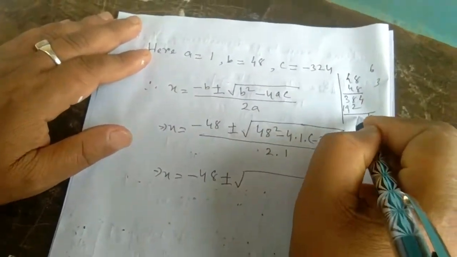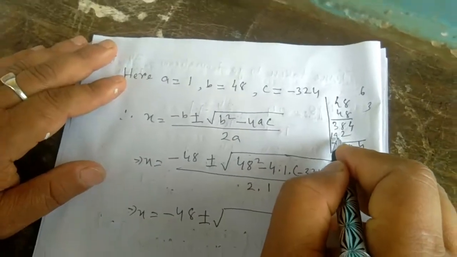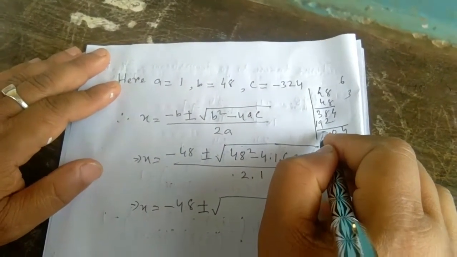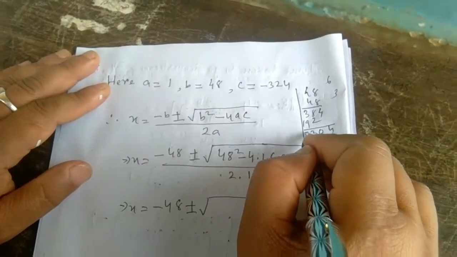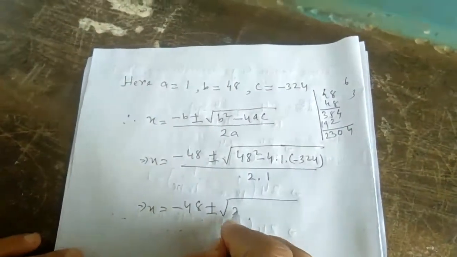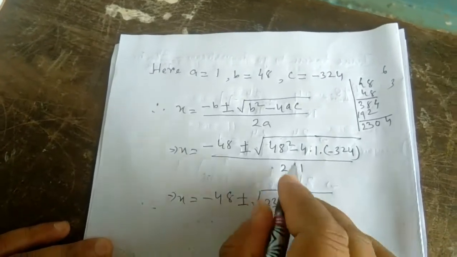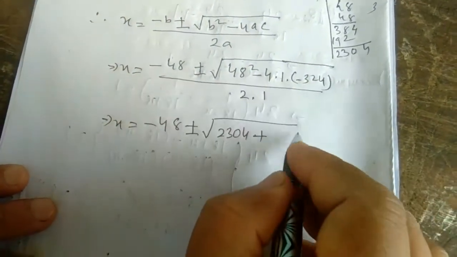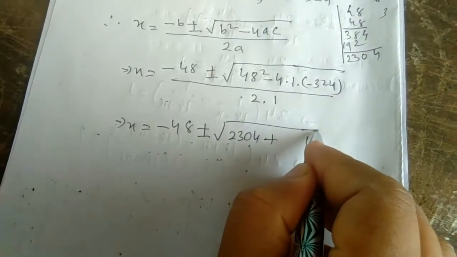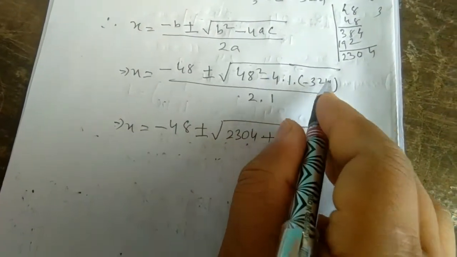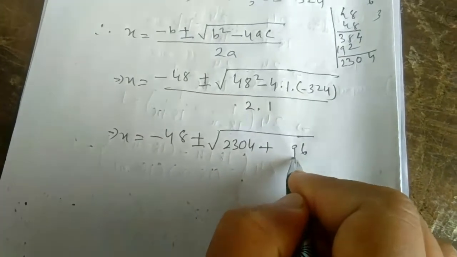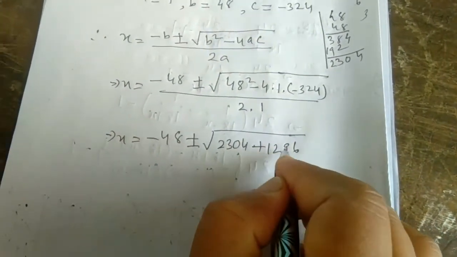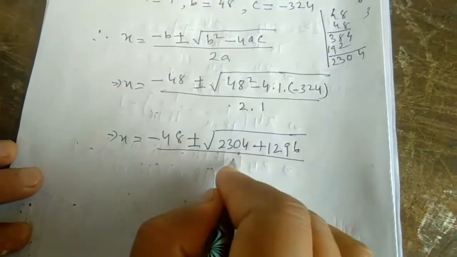So 4, 8 plus 2 is 10, 0. 3 plus 9 is 12, plus 1 is 13, 1 remainder. 1 plus 1 is 2. That means it is 2304. Minus into minus is plus, 4 1s are 4, 4 4s are 16, 6, 1 in hand, 4 2s are 8, 8 plus 1 is 9, again 4 3s are 12. Alright, by 2 1s are 2.